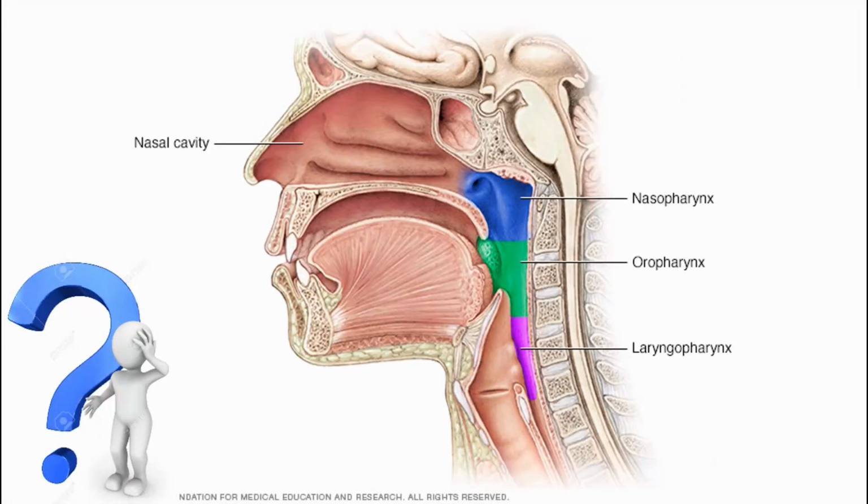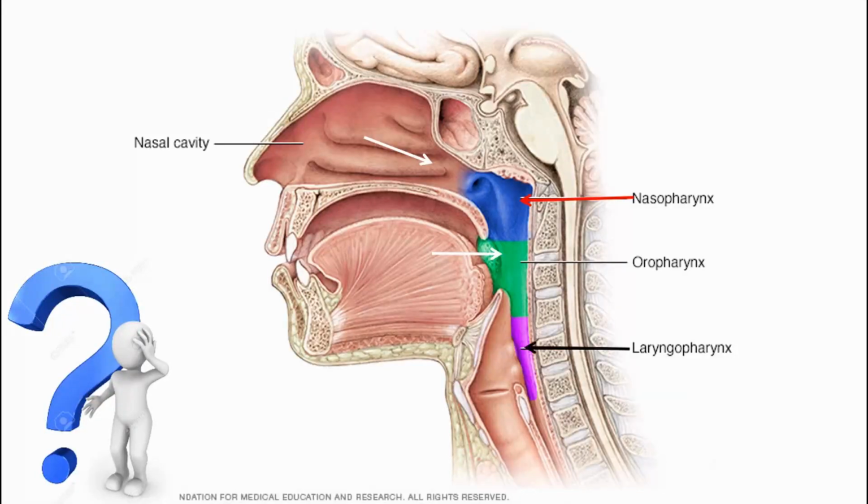And what is next? The next is that the nose opens into the upper part of the pharynx, which is called the nasopharynx. The nasopharynx is inferior to the base of the skull and posterior to the nose. The lower part or the middle part of the pharynx opens into the mouth, and it is called the oropharynx.